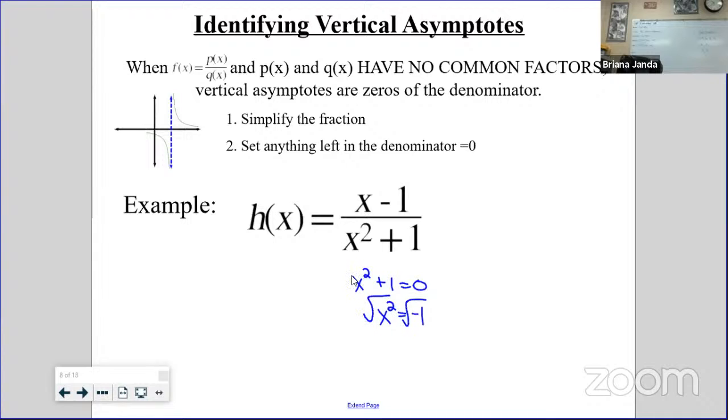Imaginary, which means you don't have one. So very rare. It can happen. I don't have a vertical asymptote in this one, but that's not a requirement because that's imaginary. So it's not a real vertical asymptote. We don't have one. Questions?